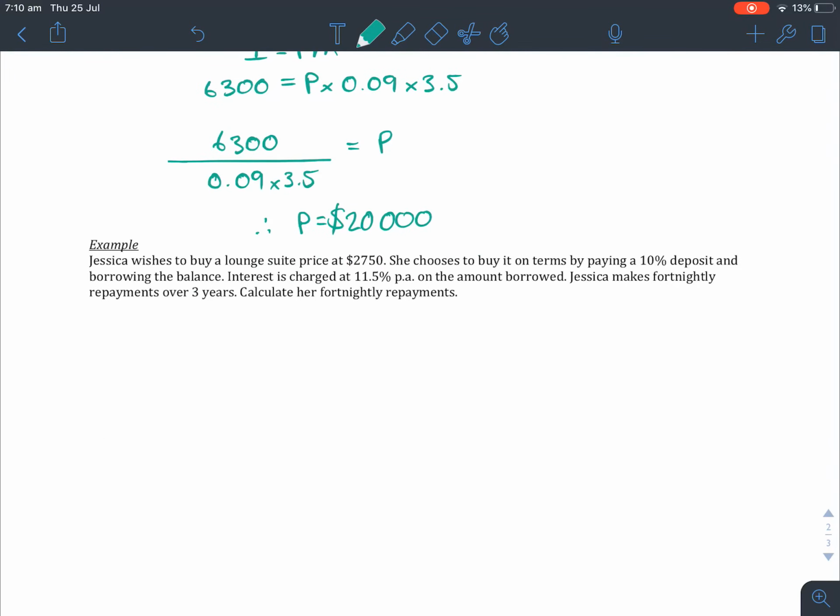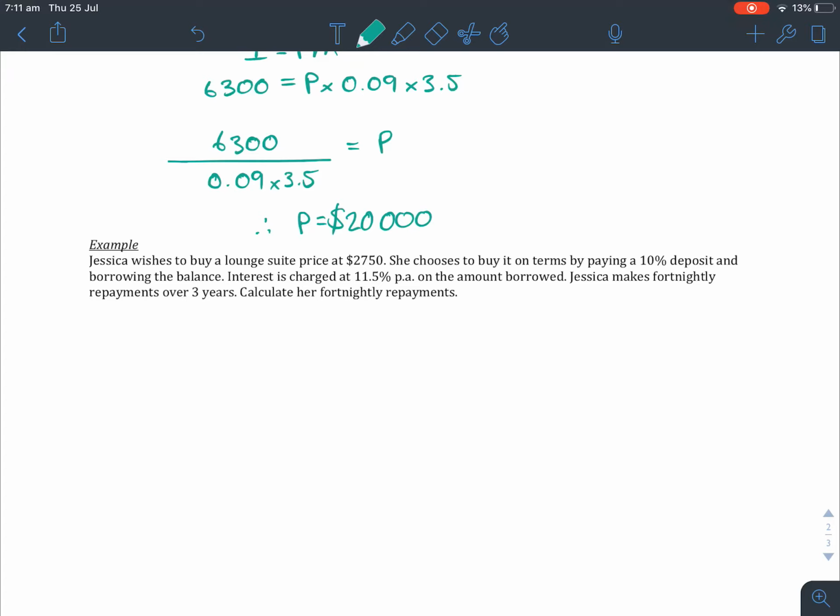Okay, final example together. Jessica wishes to buy a lounge suite priced at $2,750. Now she chooses to buy it on terms by paying a 10% deposit and then borrowing the balance. That word balance just means the amount left over. So first of all, let's work out what kind of deposit she's paying.